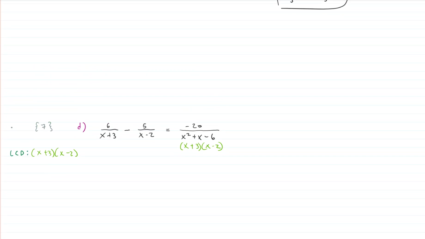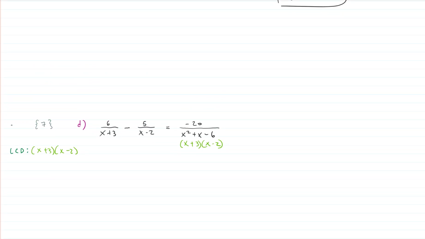So let's start. We first write this problem down again. And again, I'm going to do the same thing I did above by multiplying the common denominator through everything first.